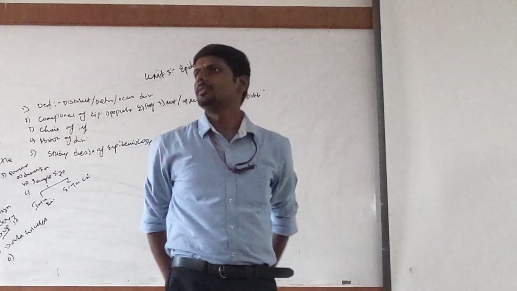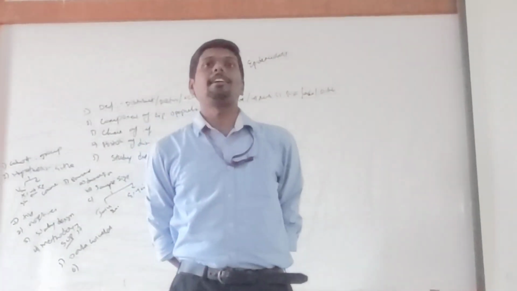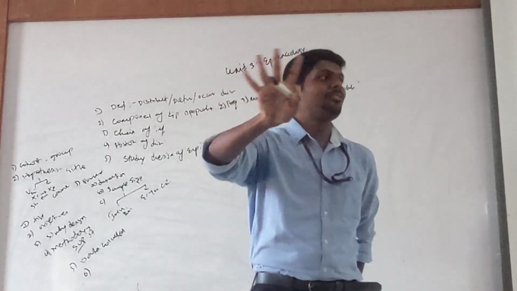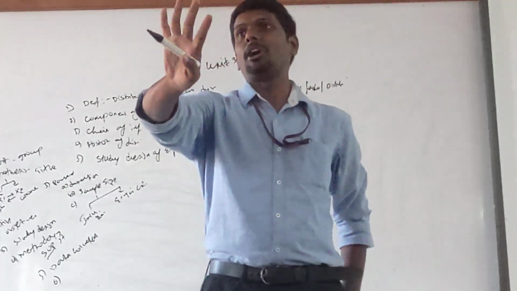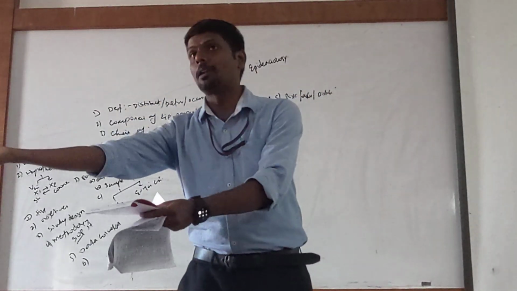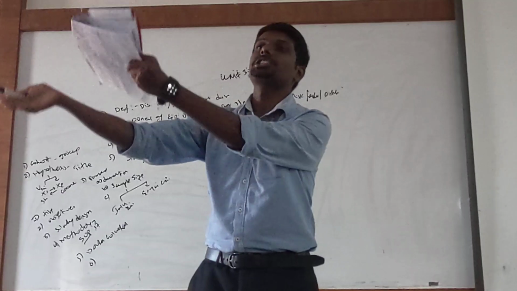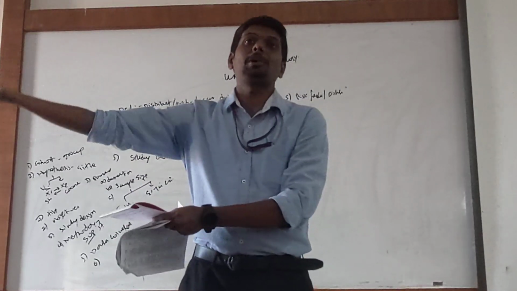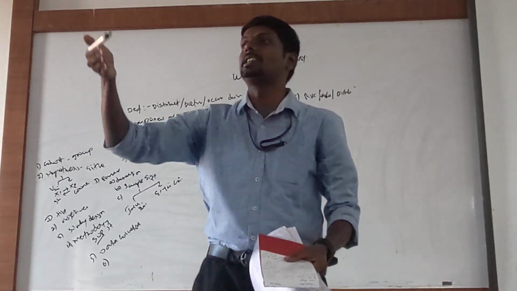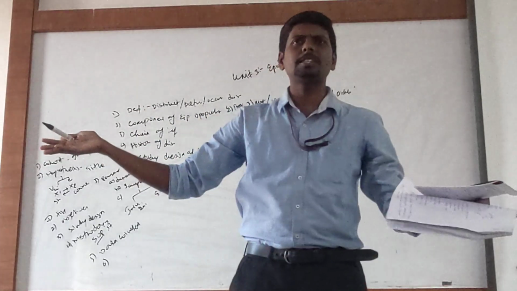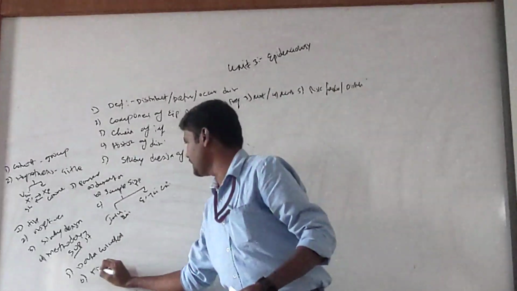Next, I will analyze your data. What are the trends of values? How many of you are getting normal values? How many abnormal? If abnormal, what fluctuations are there? In CBC: RBC, WBC, granulocytes, agranulocytes, platelets, macrophages, multiple parameters, right? Data analysis.